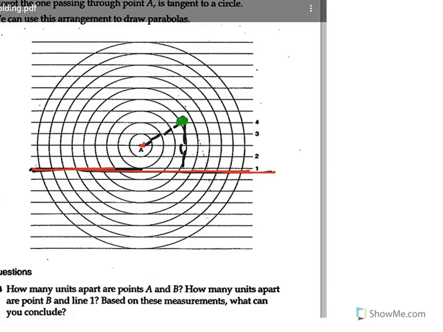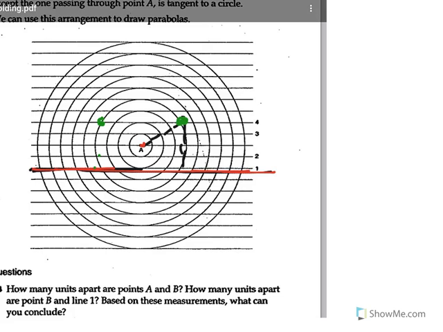I want more points on that same parabola, and this graph paper allows me to do that. This point is on that same circle, so it's 4 units away from A, but it's also on the line that's 4 lines above line 1. So those are 2 points. But what about points that are 3 away from A and 3 away from line 1?